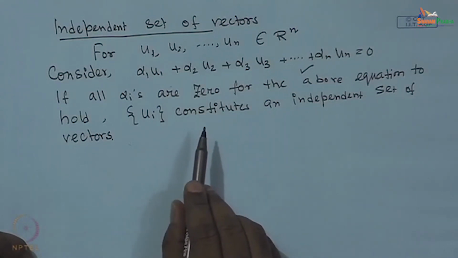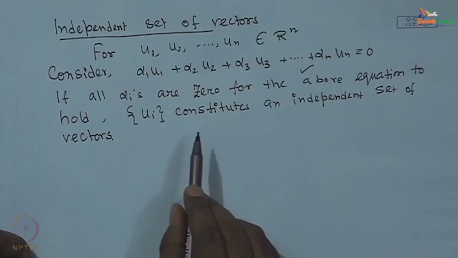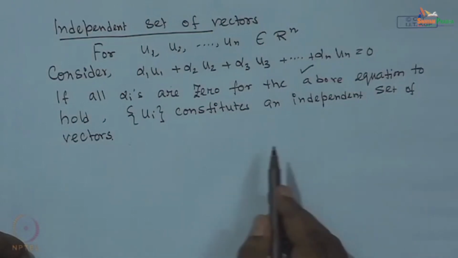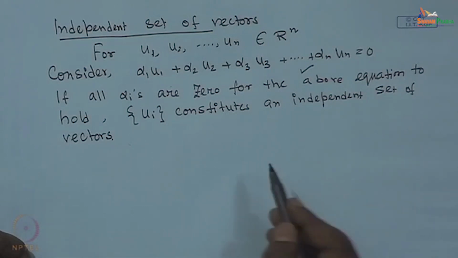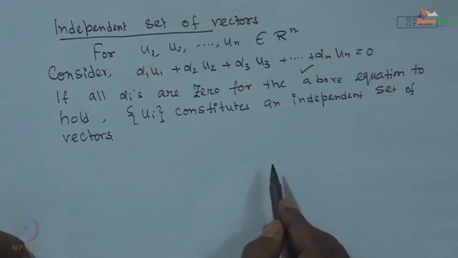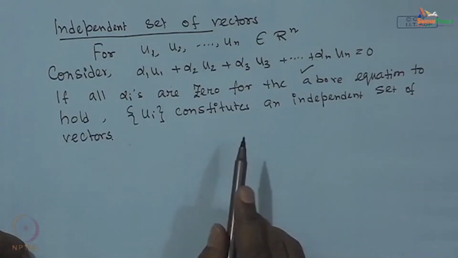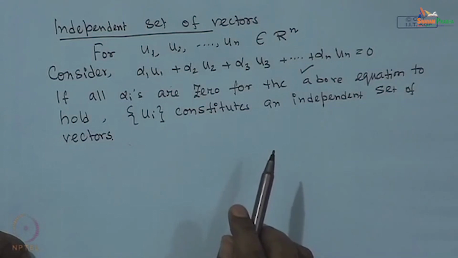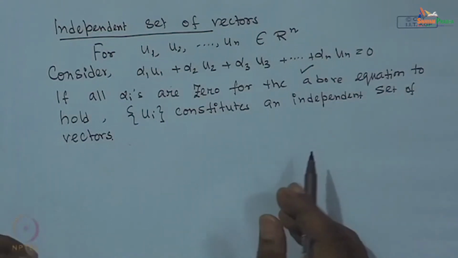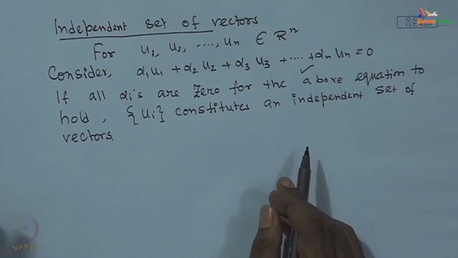In fact, this concept is absolutely important when we are solving a set of algebraic equations in any chemical engineering process. Probably chemical kinetics is one example. If you have 3 unknowns and 3 equations or 3 vectors, then any fourth vector or fourth equation will be redundant.